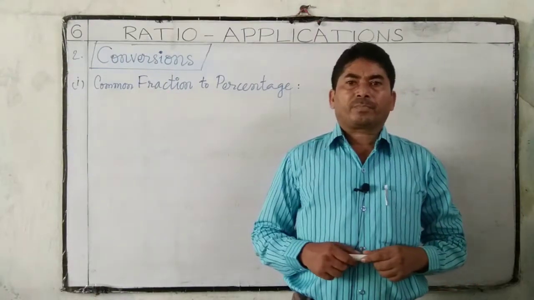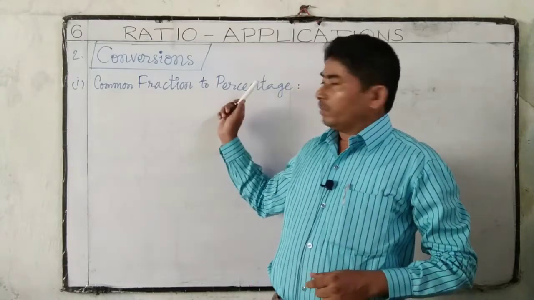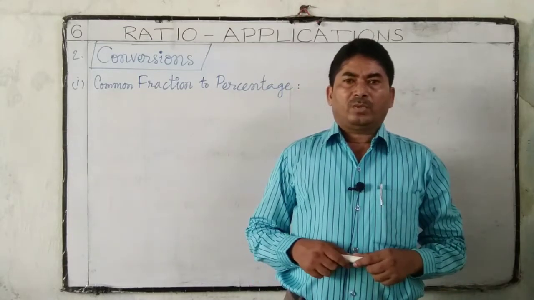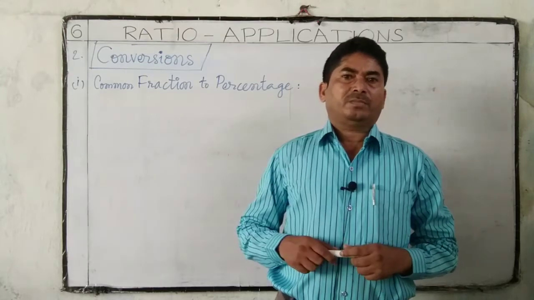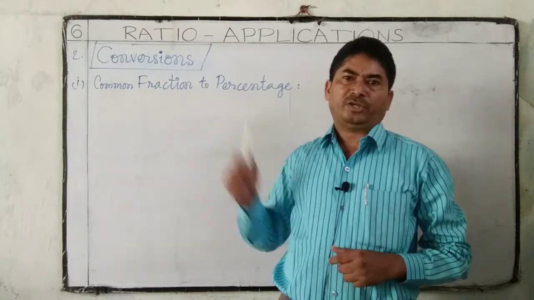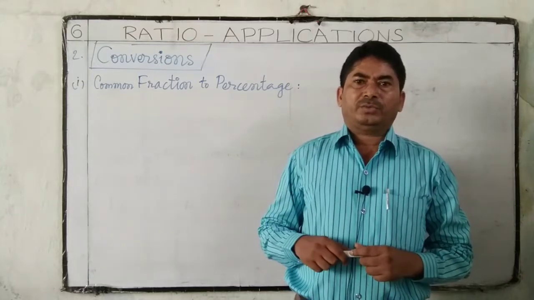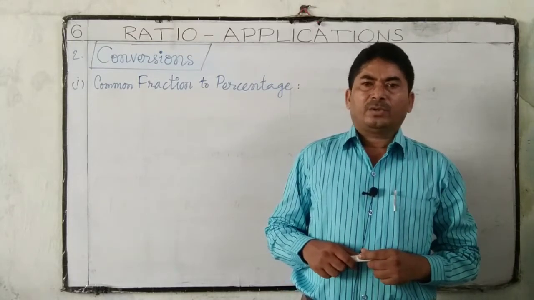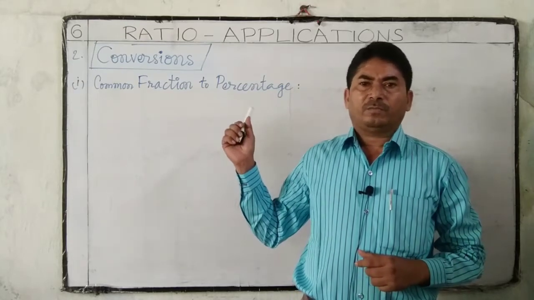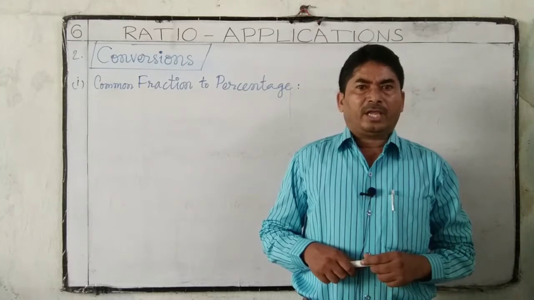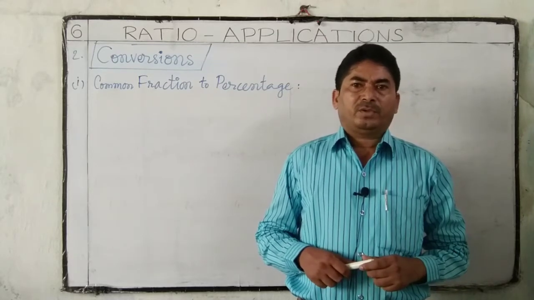Conversions. Common fraction to percentage. How to convert a common fraction or fraction into percentage? To convert a common fraction to percentage, we have to multiply the fraction with 100 and keep the symbol percentage, then simplify.